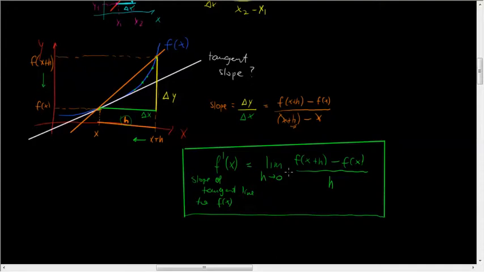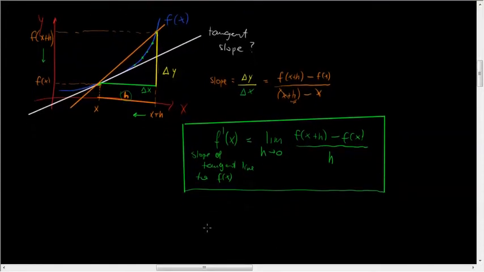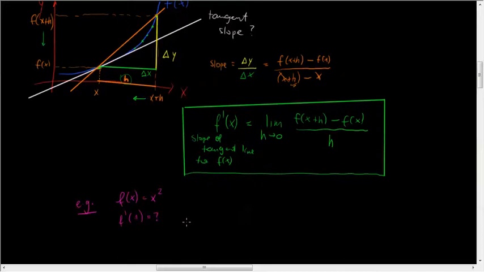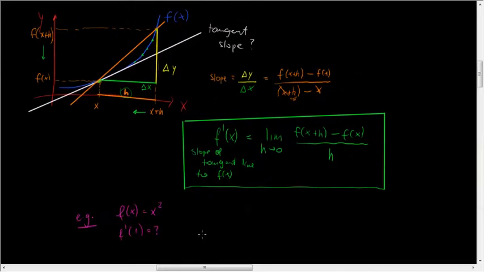And it's a little bit abstract, so we'll do an example here for us to better understand. Example: if you have f of x equals x squared, what's the derivative when x is 1? So it's asking us what's the slope of the tangent line when the function f of x has x equals 1. So let's calculate it by the definition.